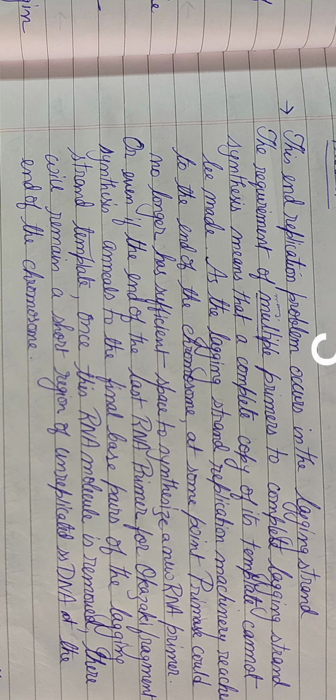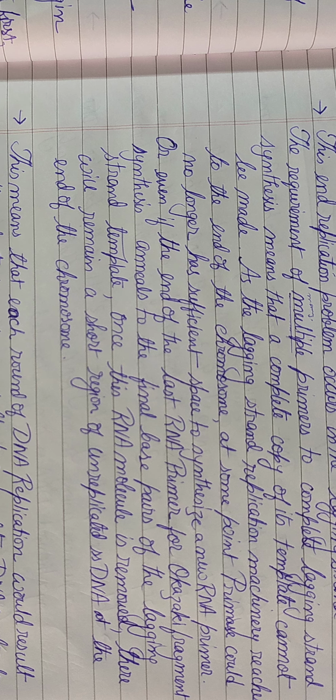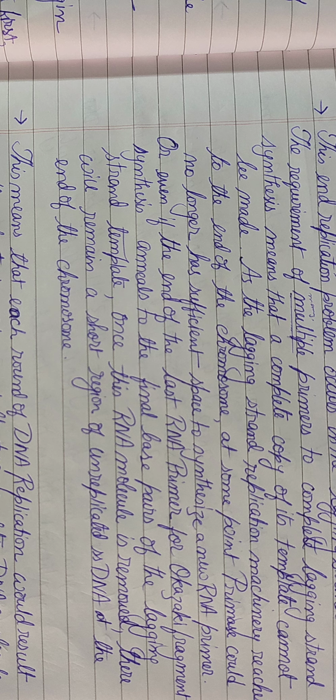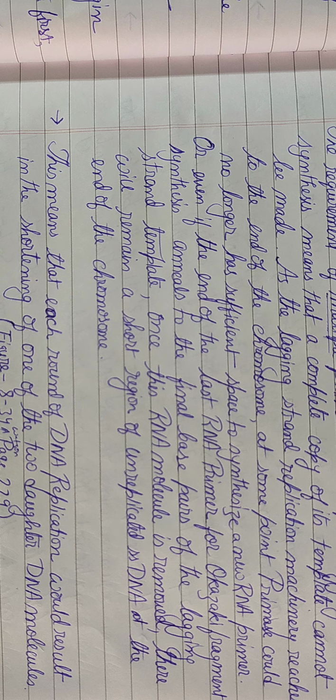Or even if the primer is added somehow, in order to complete the replication process we have to remove the RNA primer. So if the last RNA primer for that Okazaki fragment is removed, there will be a short gap. There will be a short region of unreplicated single-stranded DNA at the end of the chromosome. So that's the end replication problem.